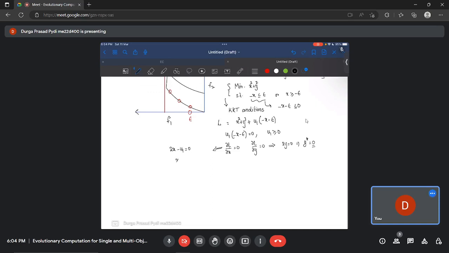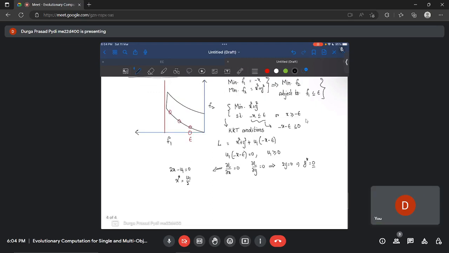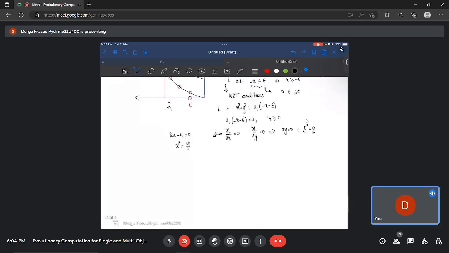Here we have x star equal to u1 by 2. Now we have another equation, which is u1 times x plus epsilon equal to 0. So we have two possibilities: either u1 equal to 0 or x equal to minus epsilon, or both of them. Any of these conditions can be true.